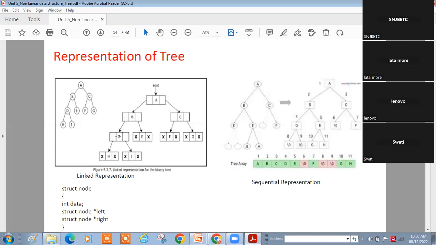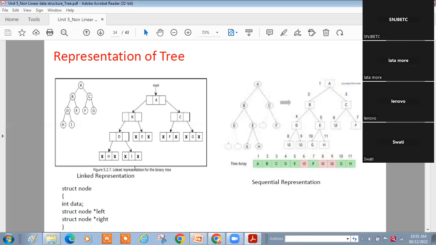So from this diagram, if this is D, the data is D. For this, we have two nodes given as H and I, represented at left and right, so addresses must be provided over here. But here H is the leaf node, that is the child node. It is not having any further node. So that's why these address fields remain null. I think that you must have got it.